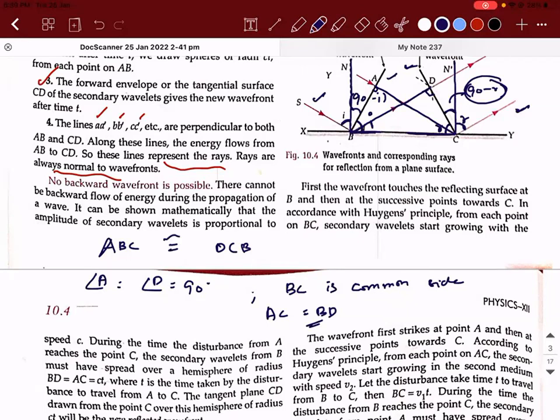So when they are congruent, what can I say? I can say that the angles are going to be equal. So angle ABC is equal to angle BCD. So angle B is equal to angle C. That proves the laws of reflection.